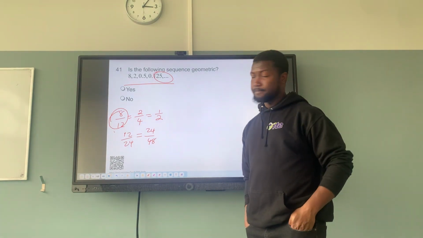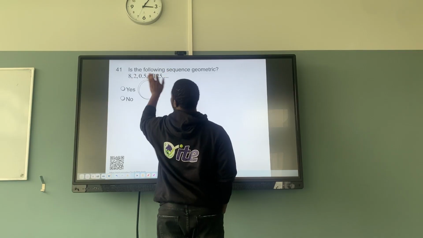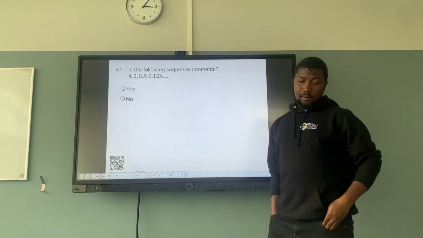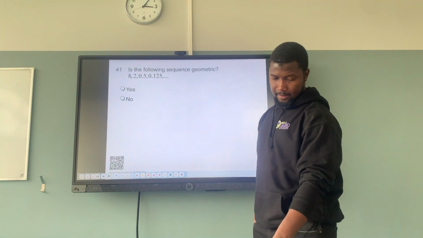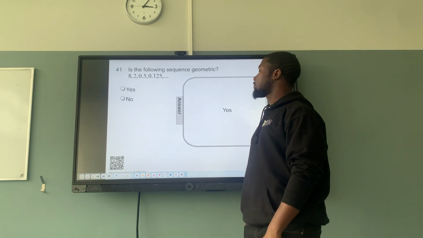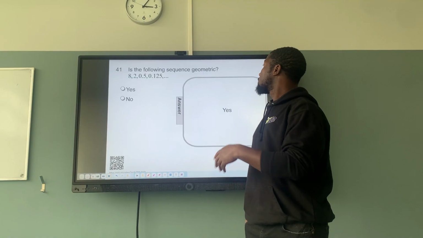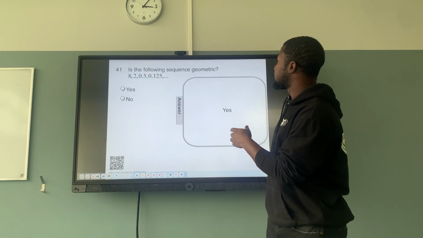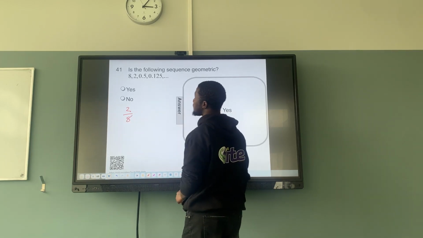How about this one? Find out if it is a geometric sequence. What is your answer? Yes, it is a geometric sequence. Take the common ratio. What is the common ratio? If you divide 2 by 8, let's say 2 over 8, how much will that give you?